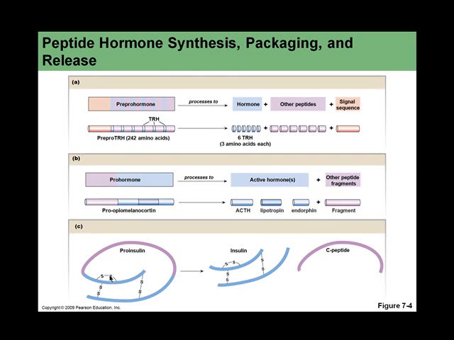Cysteine amino acid has the sulfides and is involved in disulfide bonds. These disulfide linkages contribute to the tertiary structure of this protein, and then that is the proinsulin. Then there are enzymatic cleavage sites at these 2 locations that release this pinkish color from the proinsulin, called the C-peptide, and then the active insulin molecule.